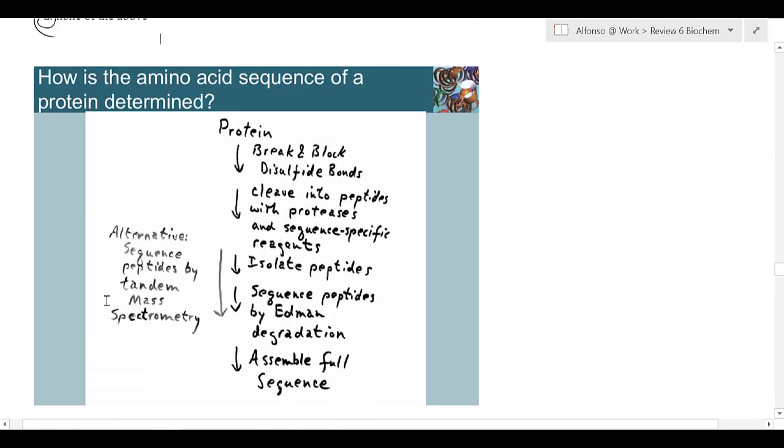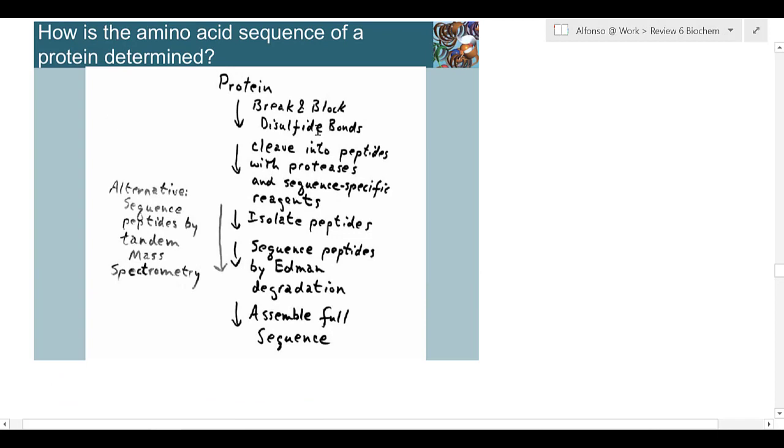All right. So we've already spoken about how to block disulfide bonds. What reagent can you use to break disulfide bonds? DTT. What other reagent could you use? Yeah, beta mercaptoethanol, good job.